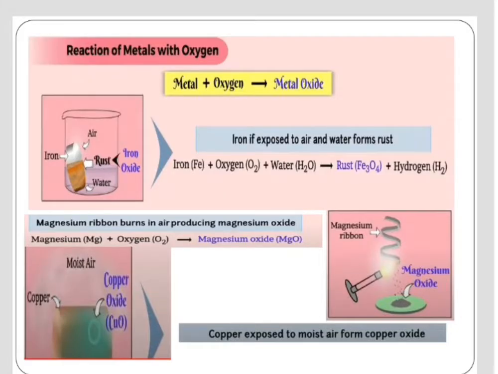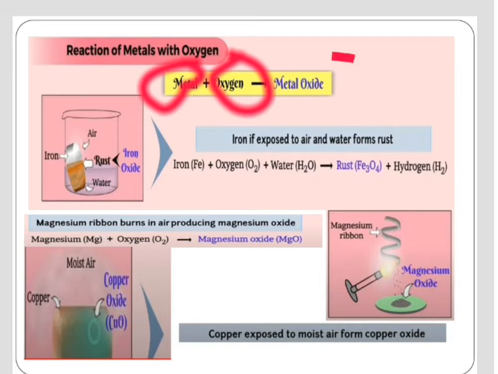First, chemical properties of metals. Reactions of metals with oxygen. Metals react with oxygen to form metallic oxide.